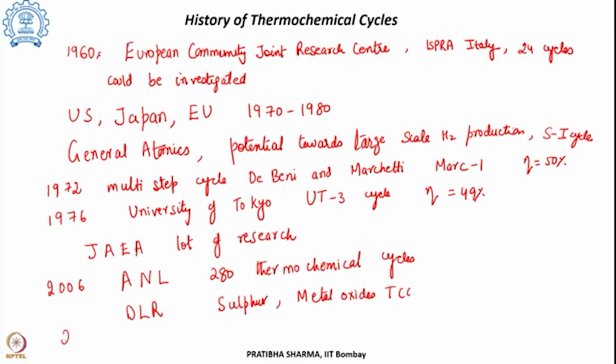In 2007, the Atomic Energy of Canada Limited and University of Ontario, along with Argonne National Lab, started the project of the copper chlorine cycle. Ontario Tech have also demonstrated the magnesium chlorine cycle in the year 2016, and there has been numerous research carried out on the various thermochemical cycles.